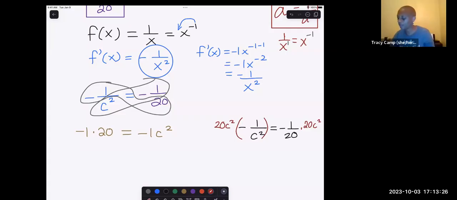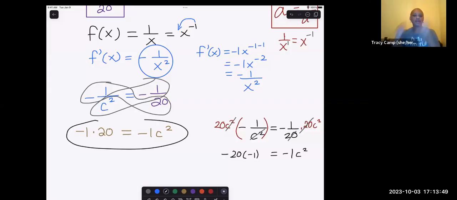Notice on the right side, the 20s cancel out and I'm left with just -1c squared. And on the left side, the c squares cancel out and I'm left with 20 times -1. Same thing I have over here; I just cross multiplied, so I got that in a shortcut way.